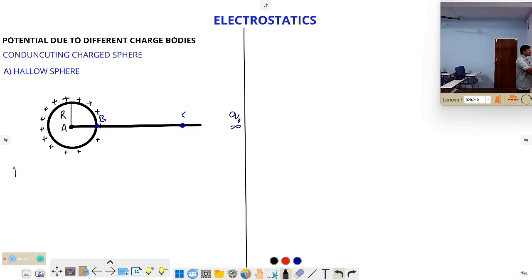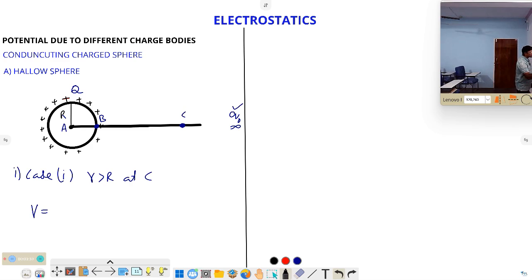So first, case 1. In this case, the distance of the point is greater than the radius, that means outside of the sphere, at point C. The total body has charge capital Q. The potential at this point is equal to the work done to bring the test charge from infinity to that point.